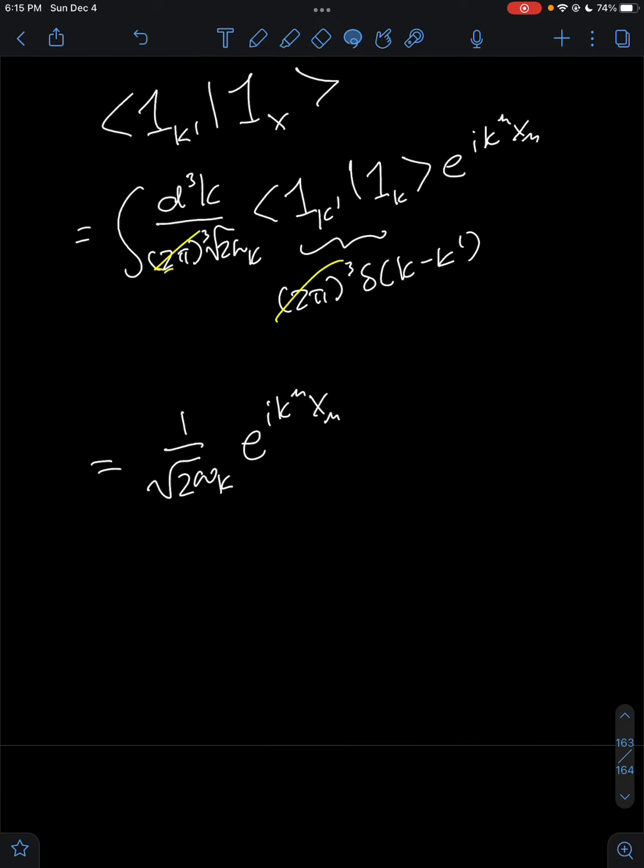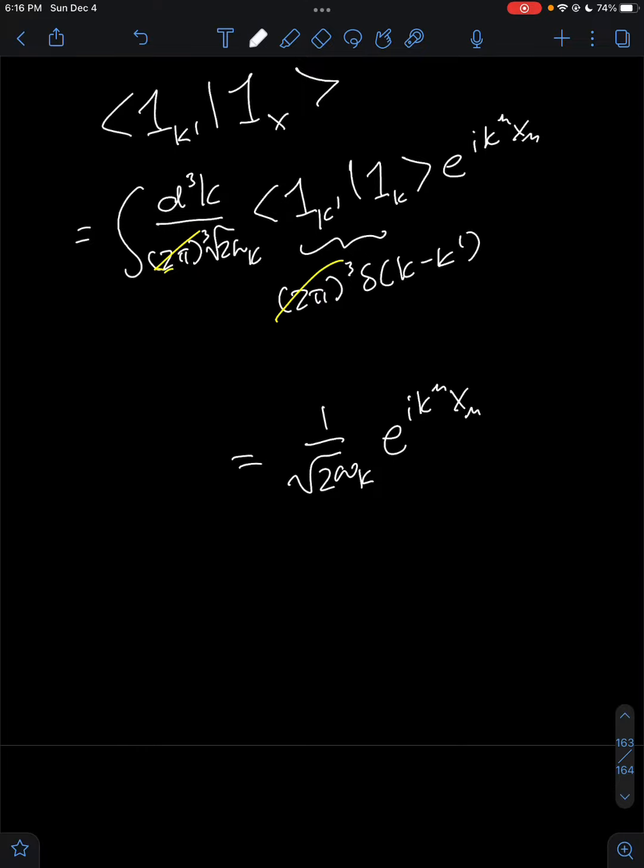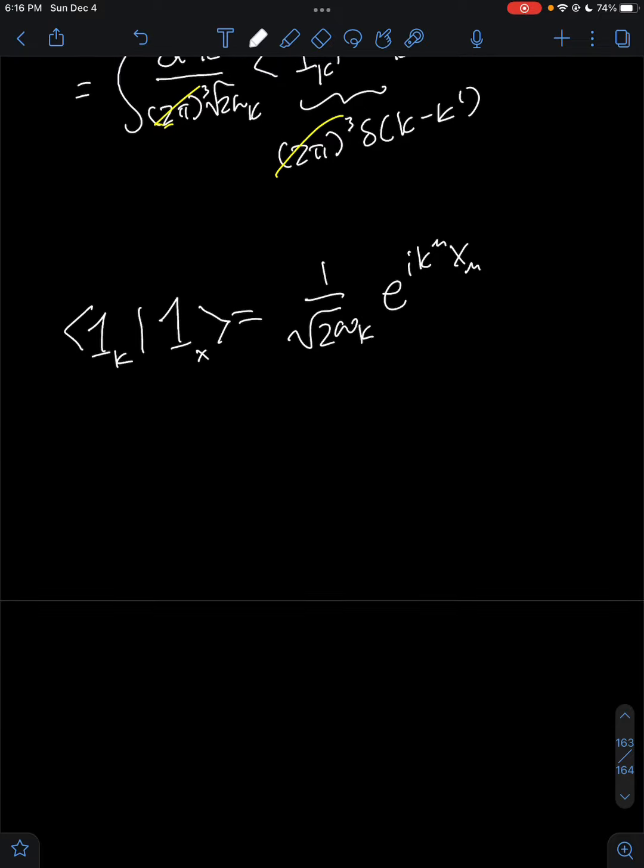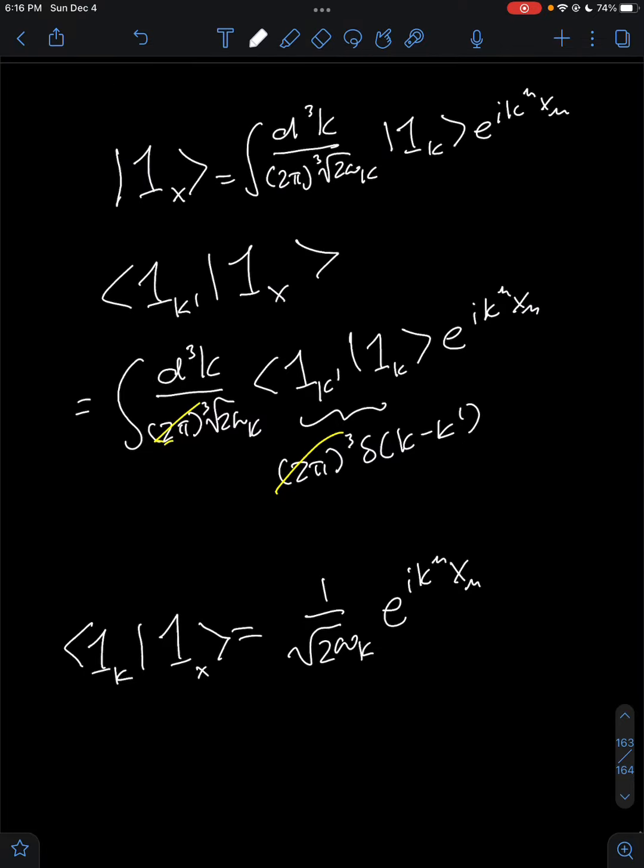So that's our answer to what's the inner product between ⟨k| and |x⟩, or ⟨k'|, but it doesn't really matter because k equals k prime. We just use k prime when we want to exploit the delta function.